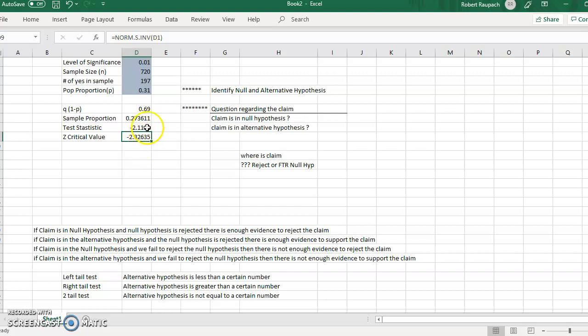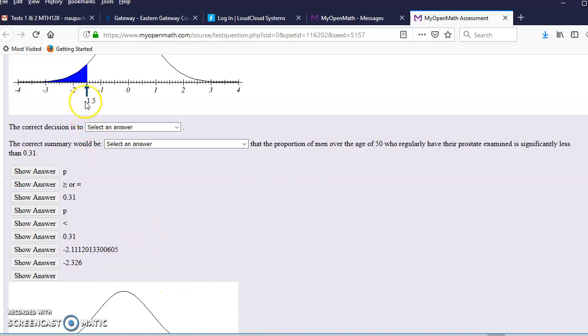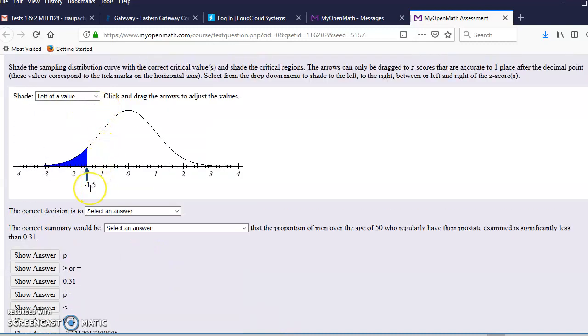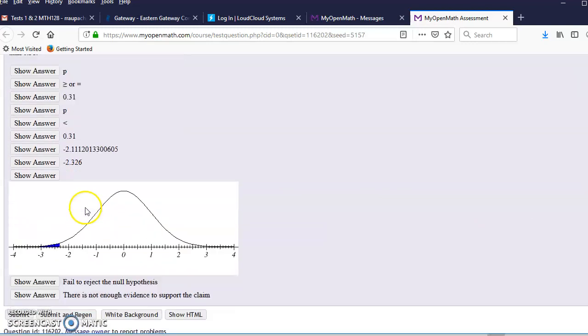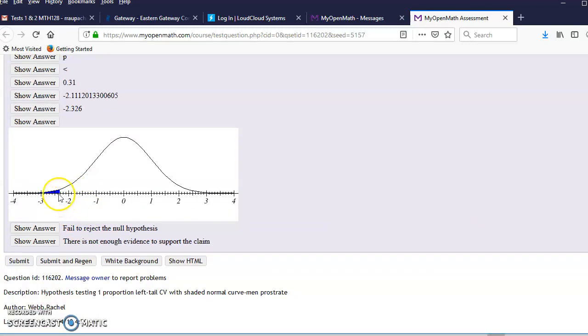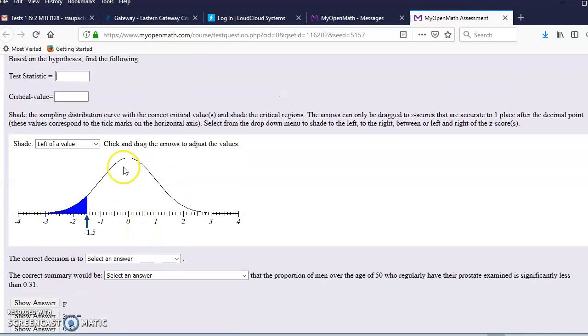Well, the test statistic, all right, so the Z critical, let's start with Z critical. Z critical is negative 2.3, okay? What in the world is 1.5 doing here? Okay. Negative 2.3.